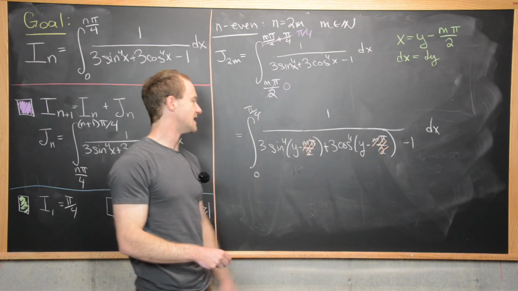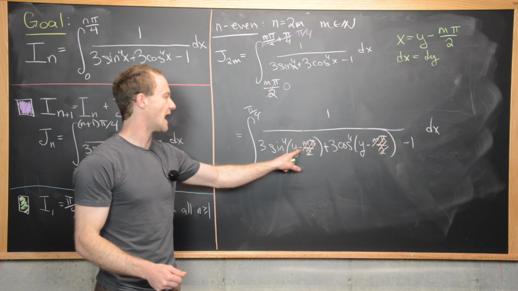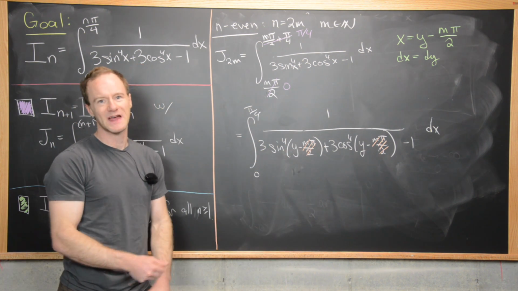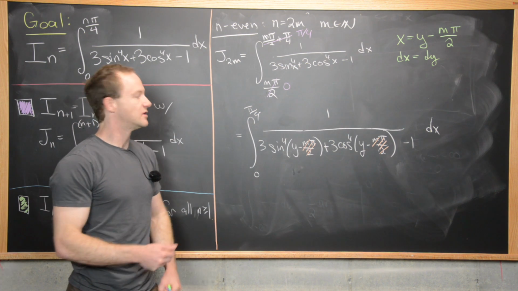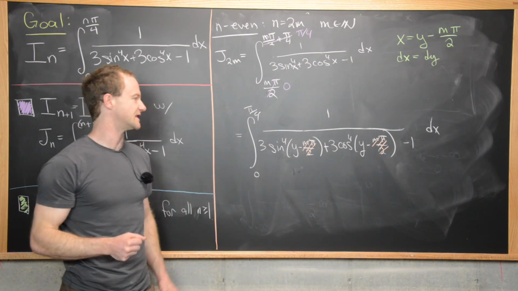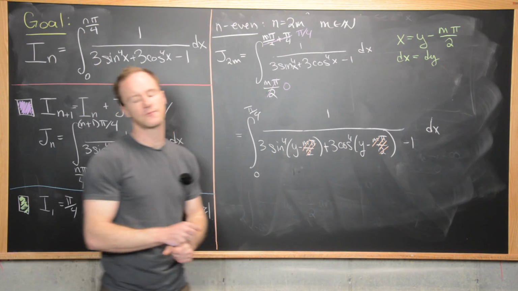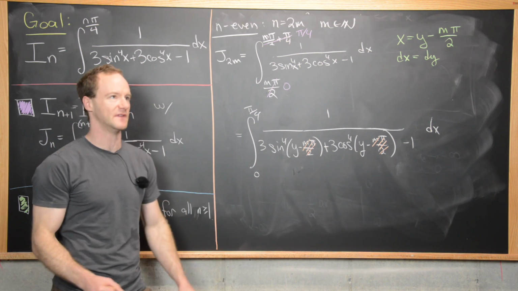So if m is 1, for instance, then we get sine to the fourth of y minus pi over 2, but that's going to be cosine to the fourth. Notice any negative sign that would have been built into there by the phase shift is going to be eliminated by taking an even power. And then cosine to the fourth is going to switch to sine to the fourth in that case.